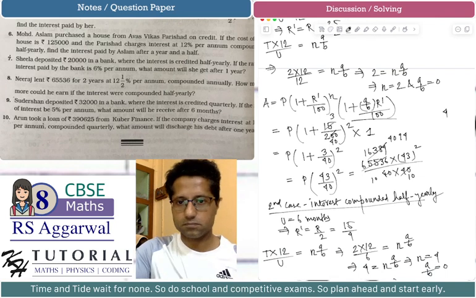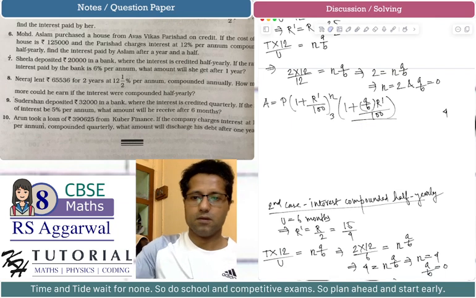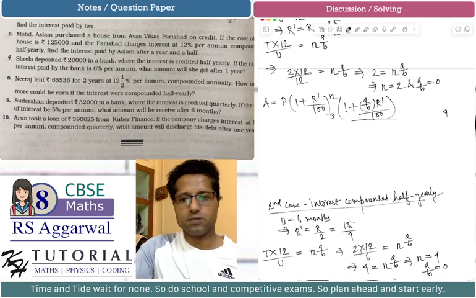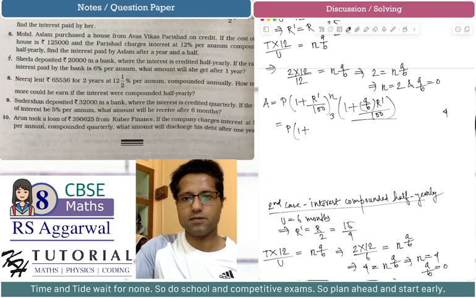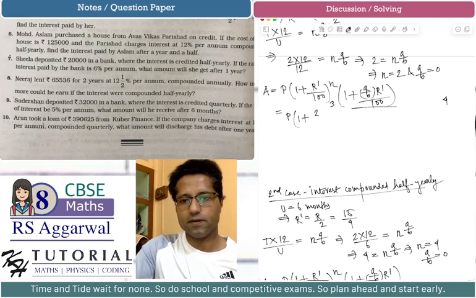Okay, so I have to erase. So this is equal to P multiplied by 1 plus R dash, which is 25 by 2, which is 25 by 200.